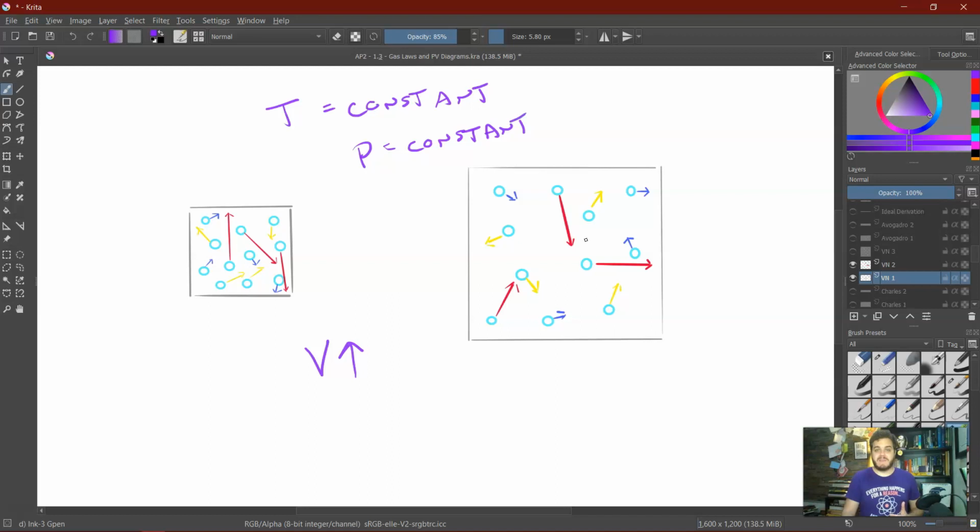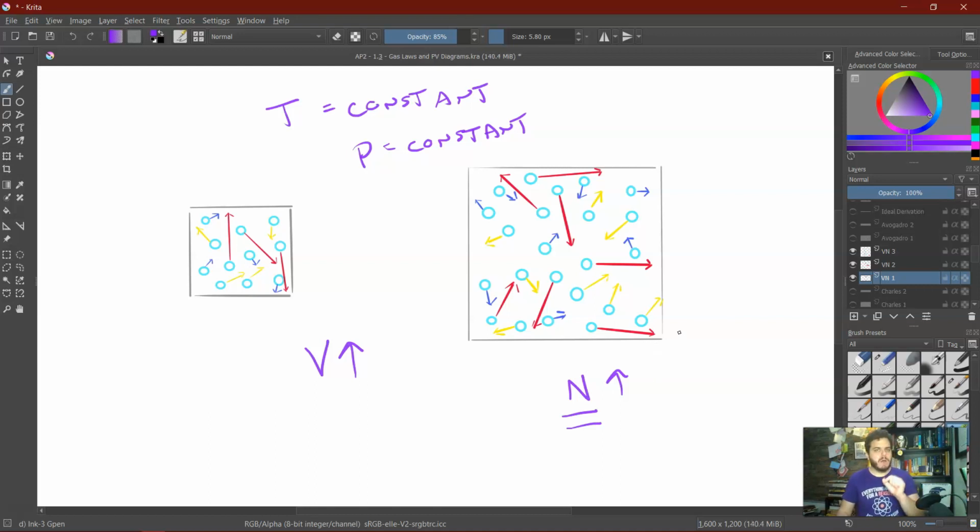So I can't speed up these particles. If I speed them up, the temperature goes up. Well then how can I increase the number of collisions between the molecules and the inside of the box if I can't allow them to go any faster? Well, I simply add more molecules. I increase what we now label as capital N, which is the number of molecules.